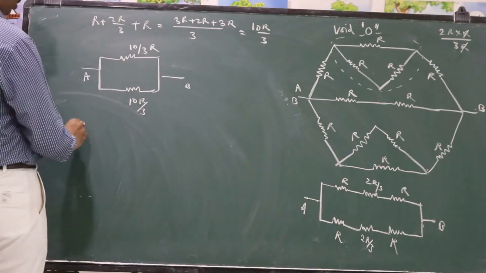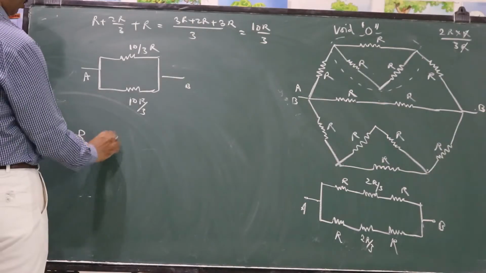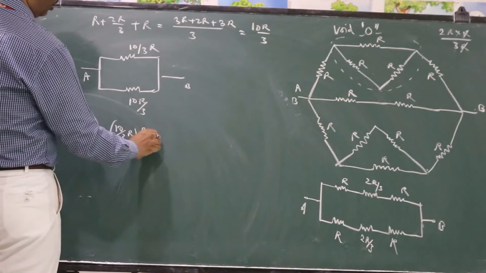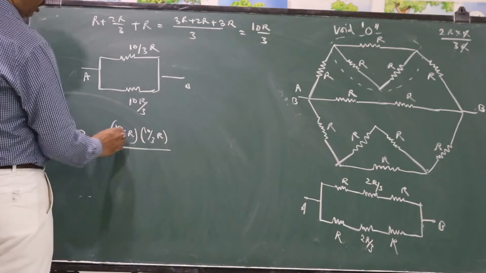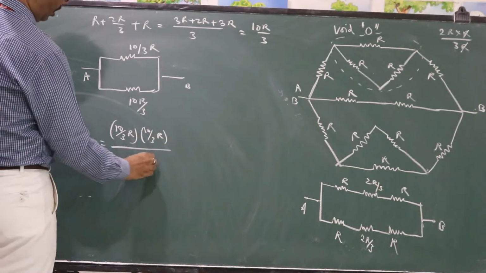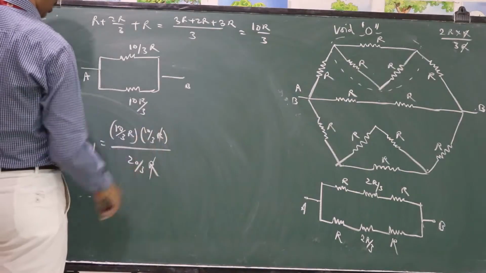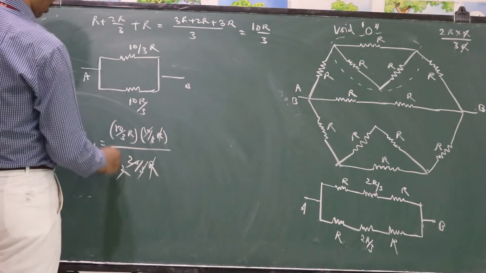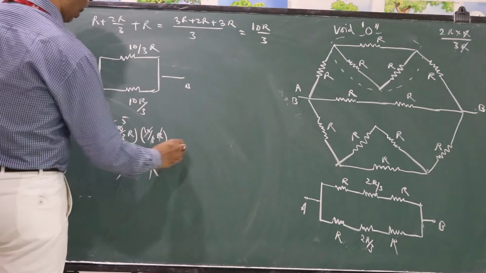Again these two are parallel to each other. So R equivalent is given by 10 by 3R into 10 by 3R by the sum of these two, 20 by 3R. R gets cancelled, by 3 gets cancelled. This will go for 2 times. This 2 will go for 5 times.